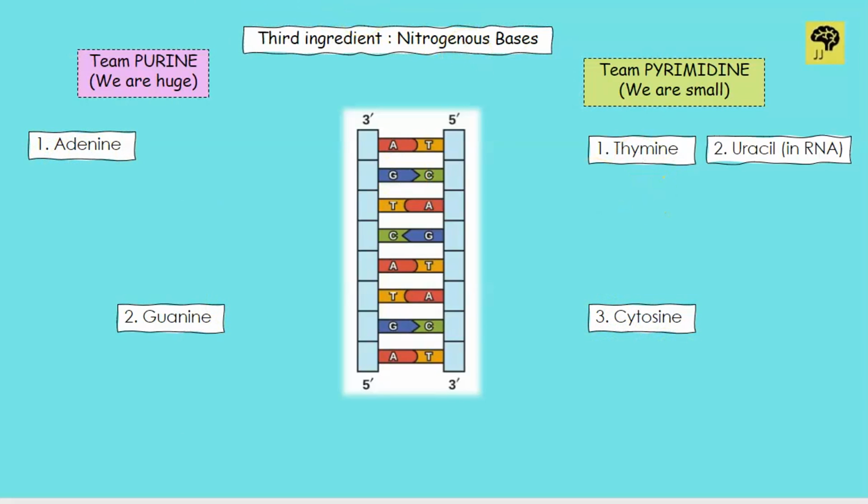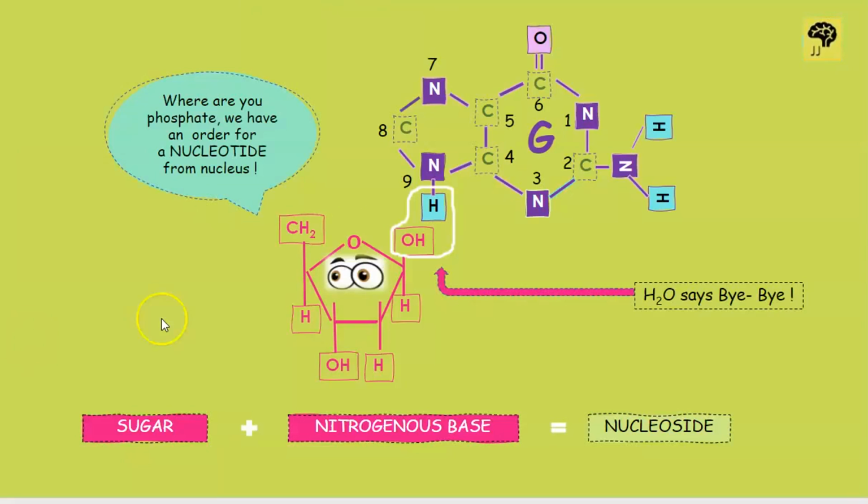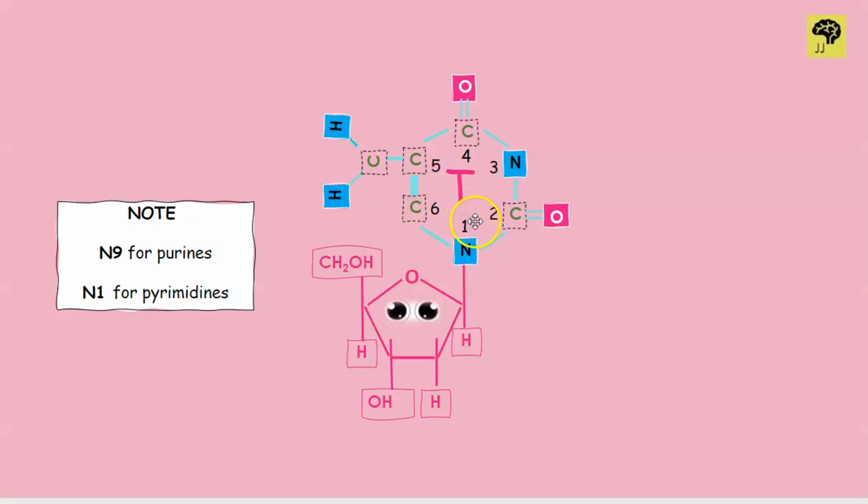Now we'll see the bond. Here is guanine, which belongs to team purine. Purines always make bonds with the ribose sugar or deoxyribose sugar with the help of the ninth nitrogen, whereas pyrimidines bond with the help of the first nitrogen.